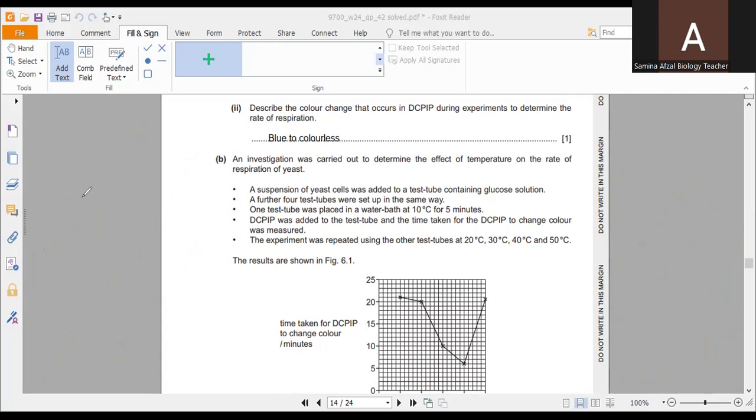Now, describe the color change that occurs in DCPIP during experiments to determine the rate of respiration.